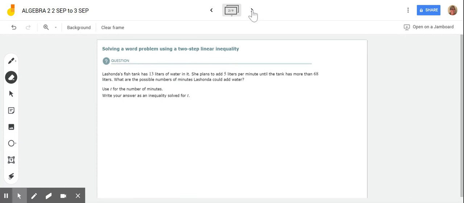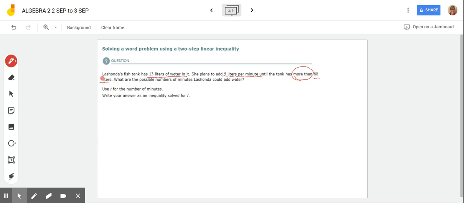Here we go. All right, this is solving a word problem using a two-step linear inequality. It's basically, again, just trying to figure out where things go and what they're really trying to tell you. So here we go. LaShonda's fish tank has 1.3 liters of water in it. She plans to add 5 liters per minute until the tank has more than 68 liters.